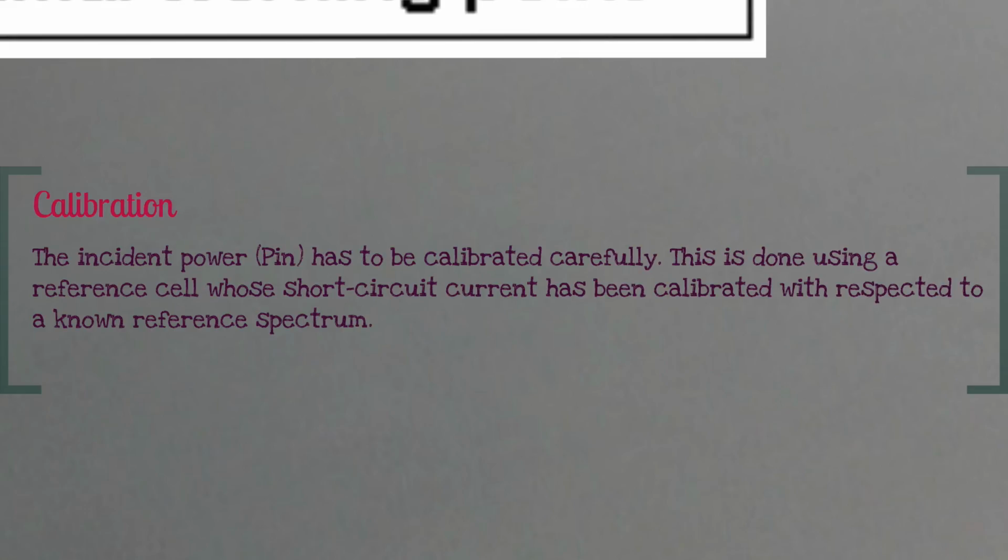So the incident power, Pin, has to be calibrated carefully. This is done usually using a reference cell whose short circuit current has been calibrated with respect to a known reference spectrum. Which means that you can buy these calibrated cells, which have been very carefully calibrated in a lab, and if you take it outside and do the measurement, it will give you a pretty accurate measurement. In our lab we actually use it because to calibrate the cell is time consuming.